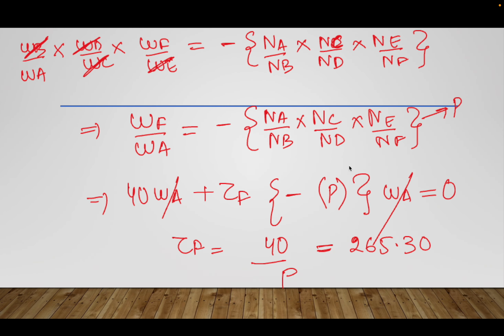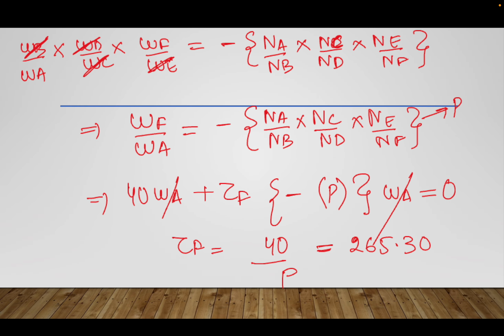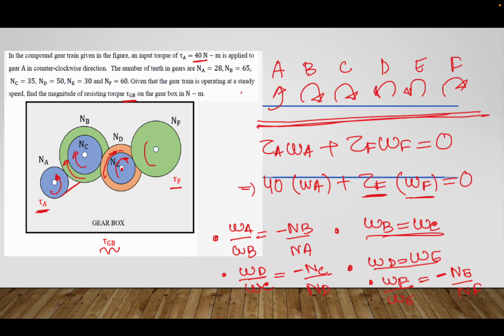Next, the torque of A plus the torque of F plus the torque of the gearbox. The torque of A and torque of F will not be equal. You must have seen during the lectures that the output torque is different from the input torque. Since the moment balance equation must hold, there will be a torque from the gearbox which comes into the picture to make the net torque equal to 0.